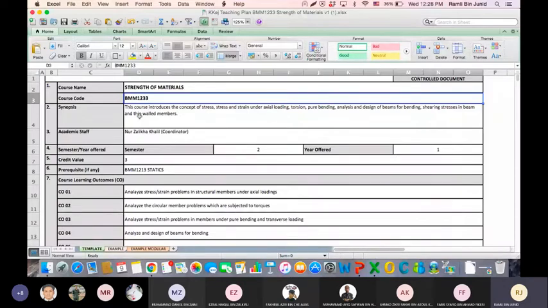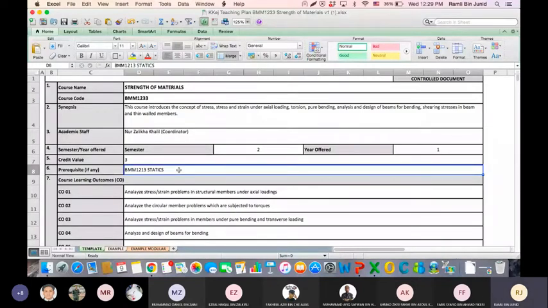For example, if you want to take this subject, strength of material, you must first take the subject statics, because statics is the prerequisite subject for this subject. In order to study this subject, you must have the knowledge in statics first. So that is why.